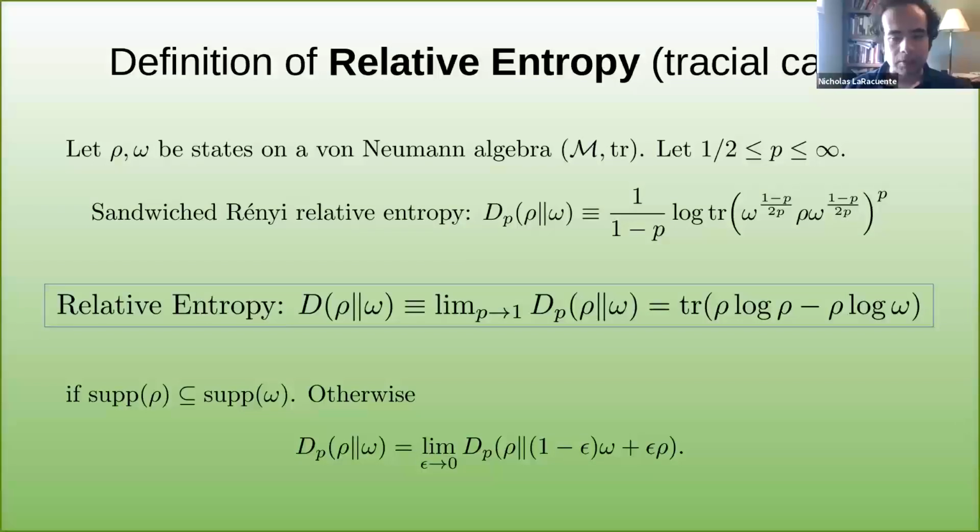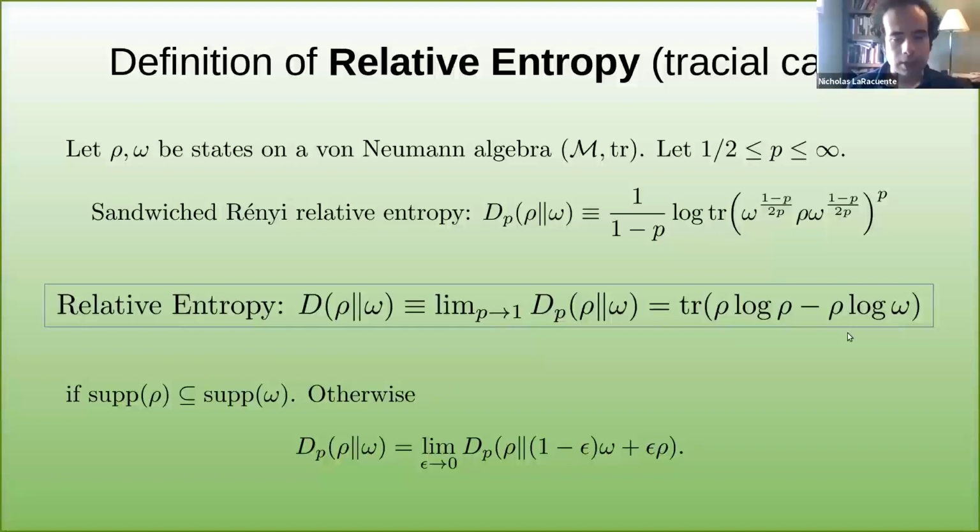Now, this is given essentially by the logarithm of a particular p norm in the tracial case. And when we say relative entropy without the p parameter, almost always this will refer to the limiting case in which we take p going to 1. And in that case, it has this formula shown below in terms of a trace involving operator logarithms.